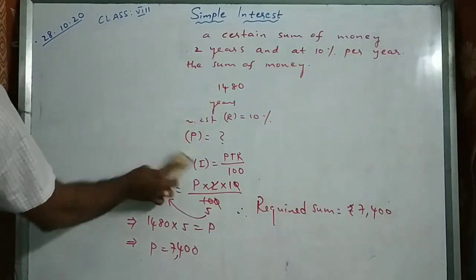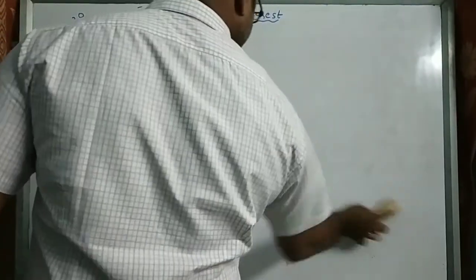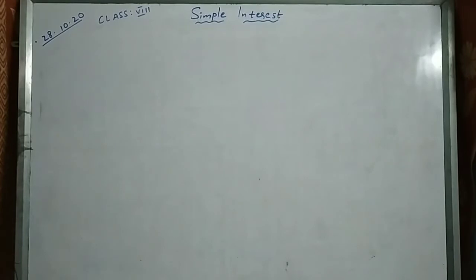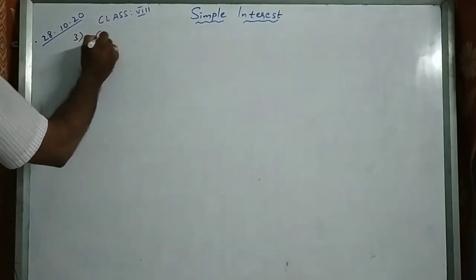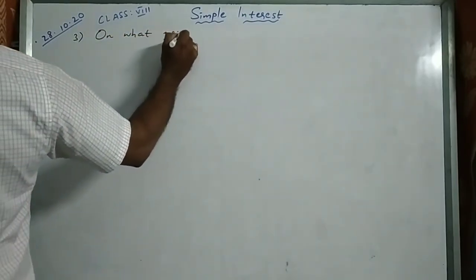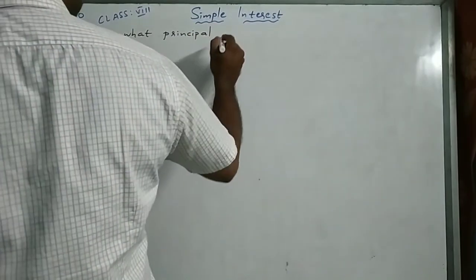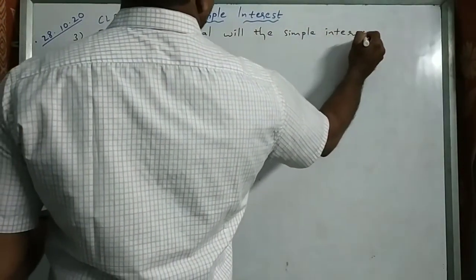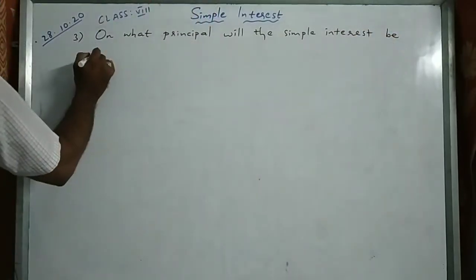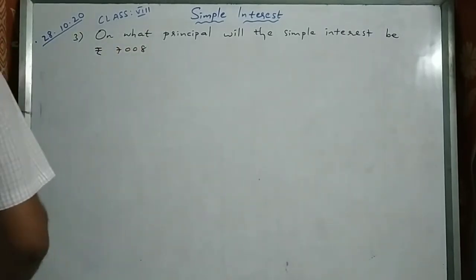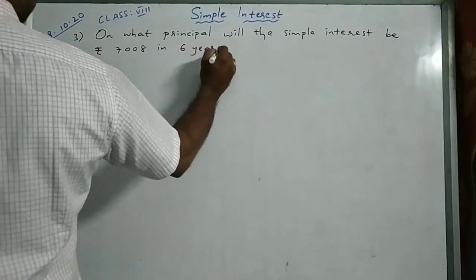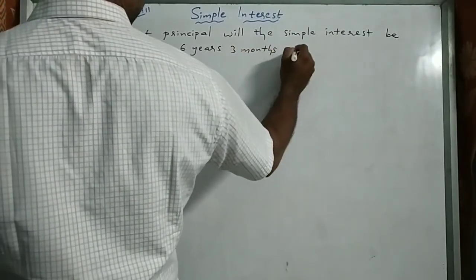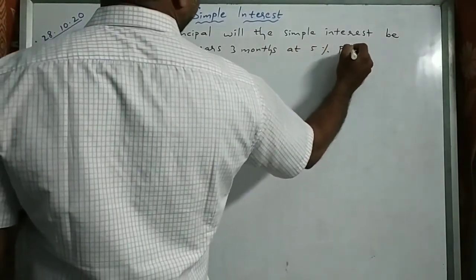Third question. On what principal will the simple interest be rupees 7008 in 6 years 3 months at 5% per year?